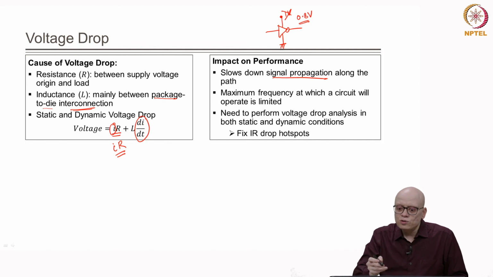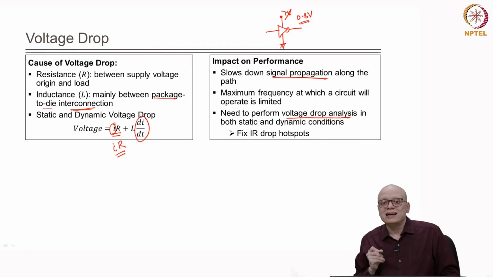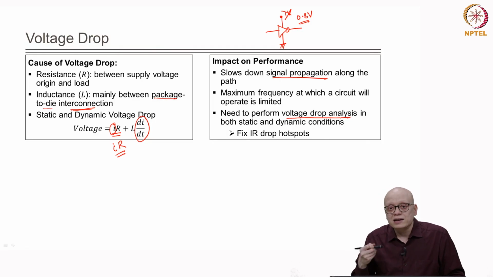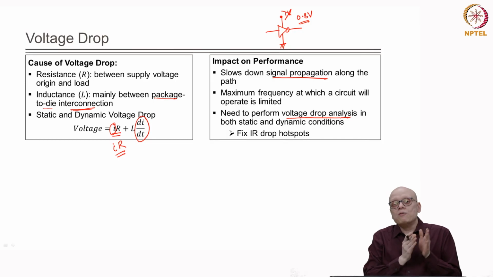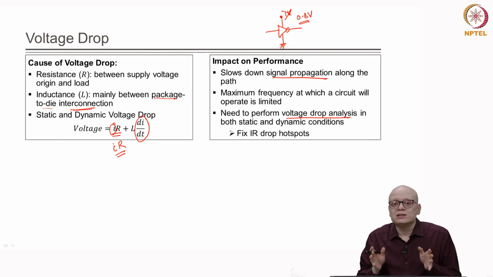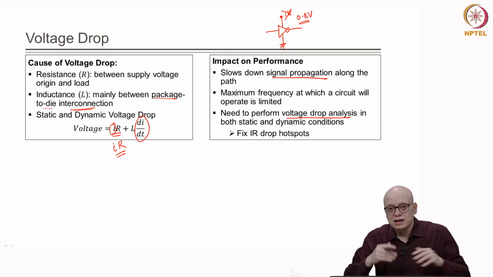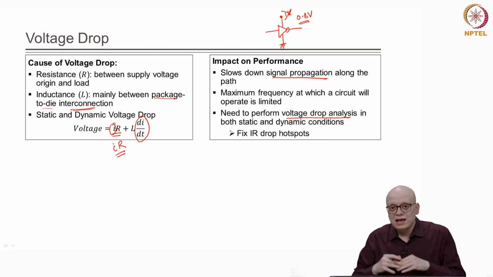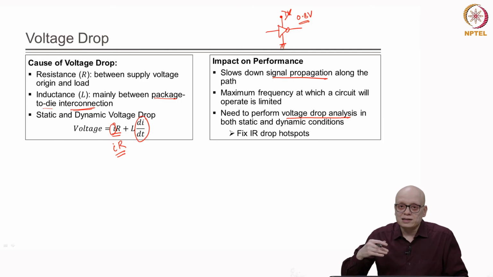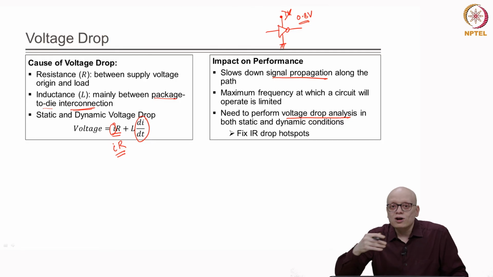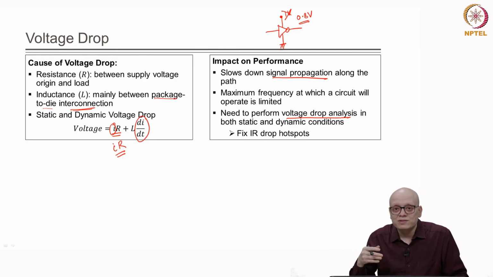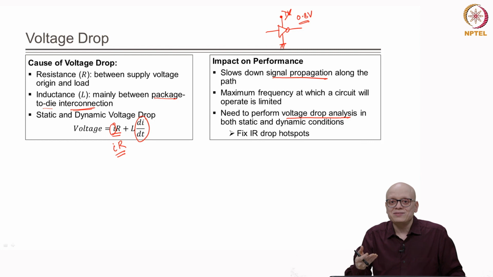Therefore, we need to perform voltage drop analysis in both static and dynamic conditions. For dynamic condition, we subject our circuit to simulation, or apply test vectors and do some active computation, and we get the changes in the values of the nets for the design, and based on that we can understand the activity in our design.